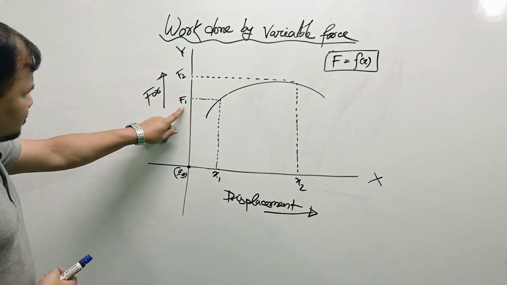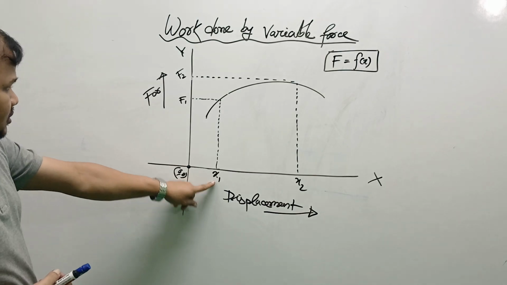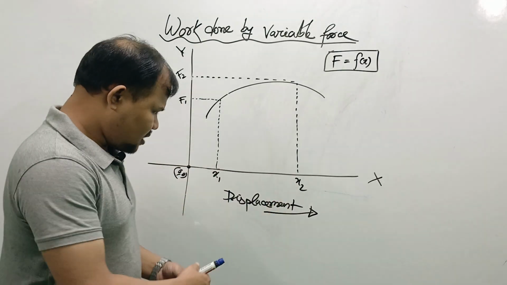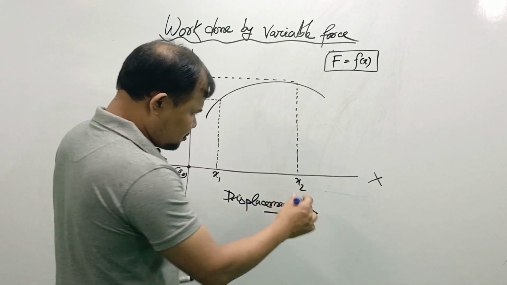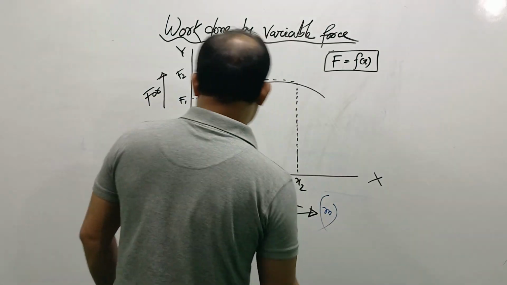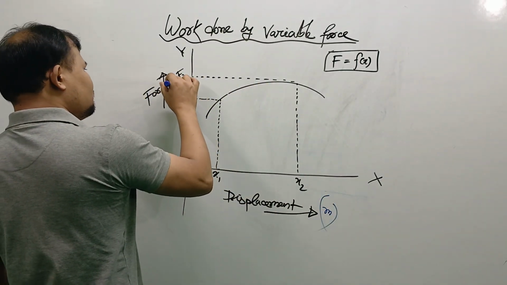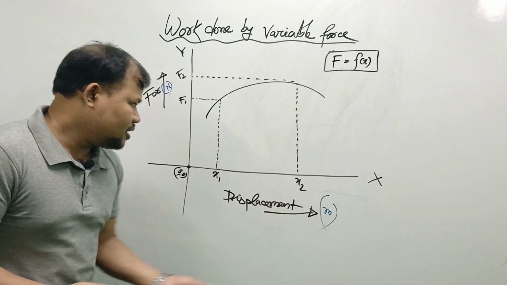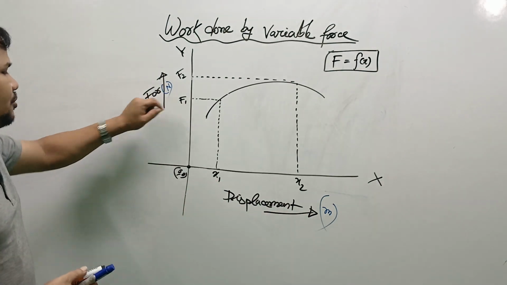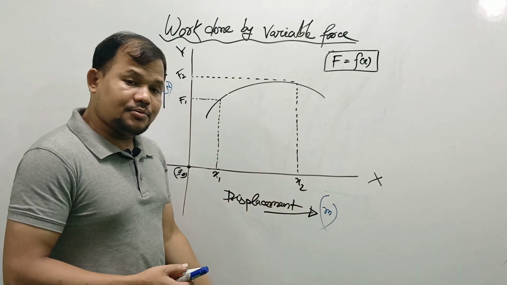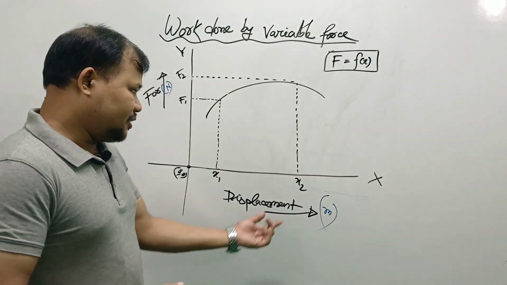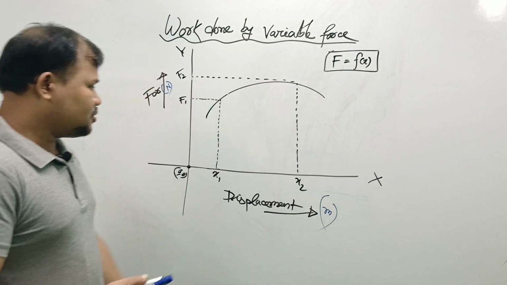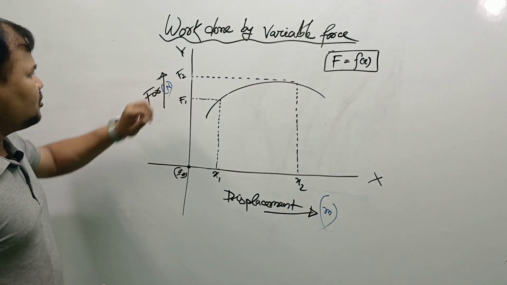When displacement is x1, force is F1 Newton. Suppose the unit of the displacement is meter and force is Newton. When we change the displacement of the object to x2, how much force is needed here? F2 Newton.